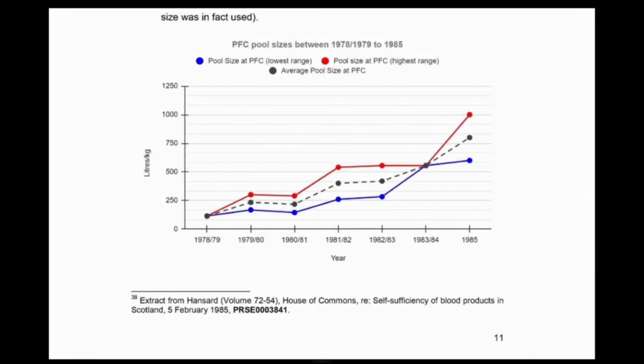The same caveats apply to this graph as to previous ones about the lines between the data points. There are two lines which show the lowest range and the highest range of the pool sizes at PFC. There is also a dotted line that shows the average pool size at PFC, but I'd suggest that perhaps isn't as useful because it does seem to be that the plasma pools are either one size or another depending on which of the freeze dryers was being used.